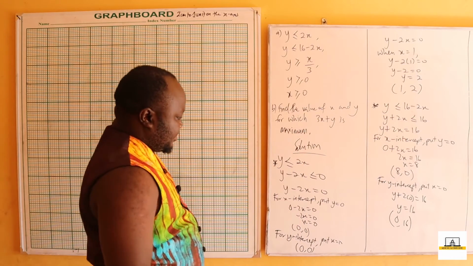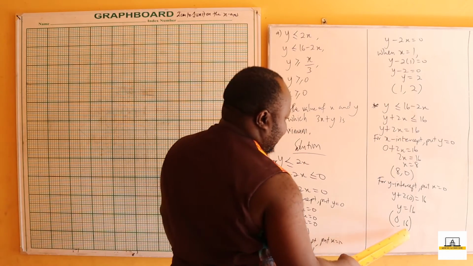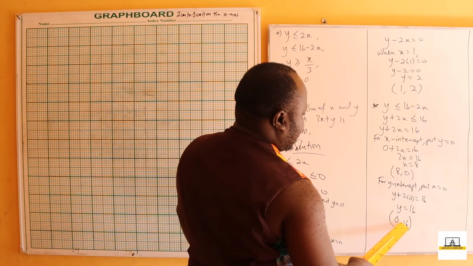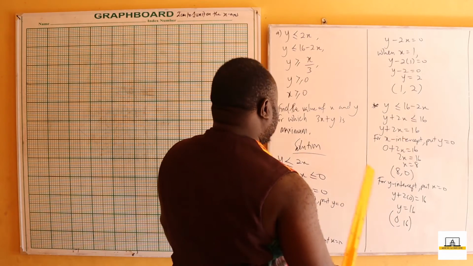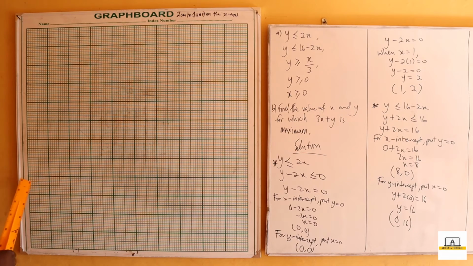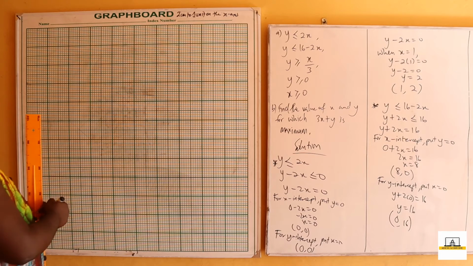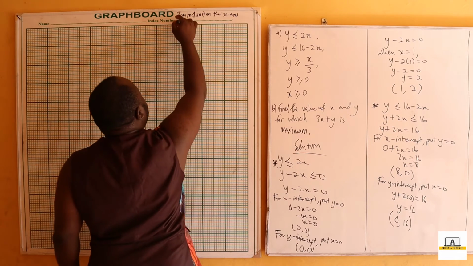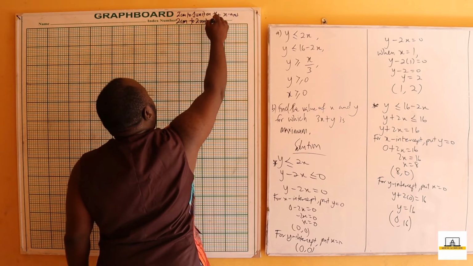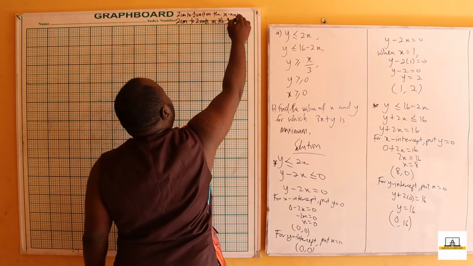Then we pick y. For y, we have the highest number to be 16, and the least value is 0. So with 16, I can count 1, 2, 3, 4, 5, 6, 7, 8, 9, 10, 11, 12. So let's make it 2 centimeters to 2 units on the y-axis.